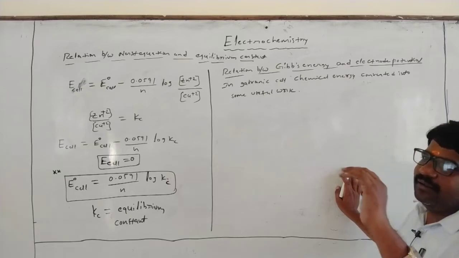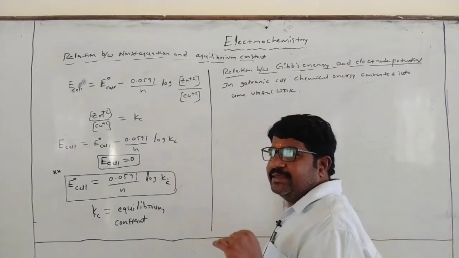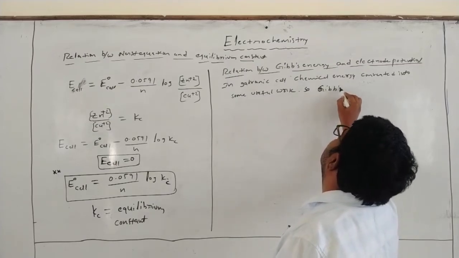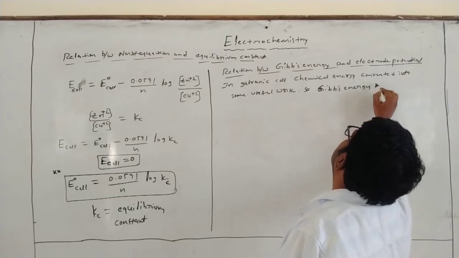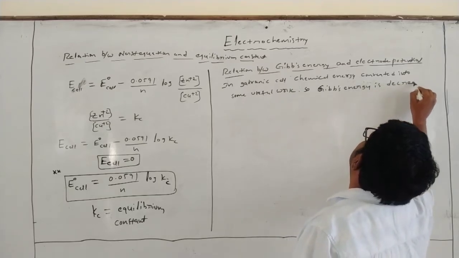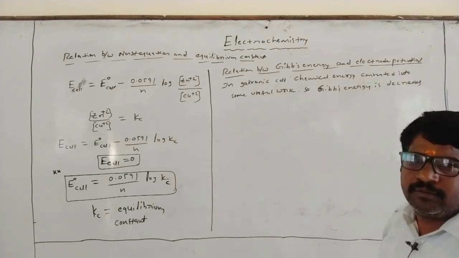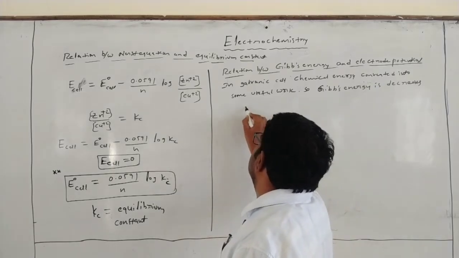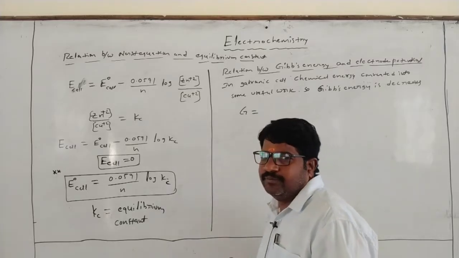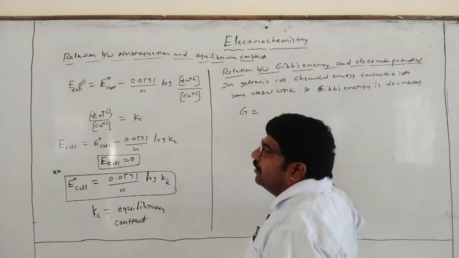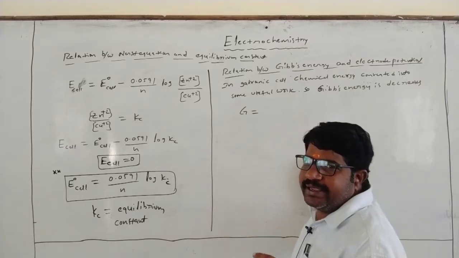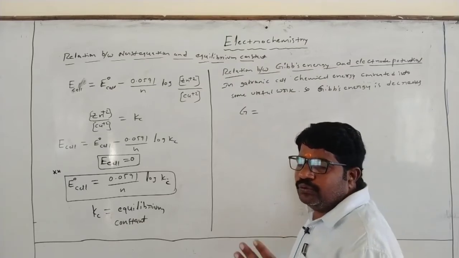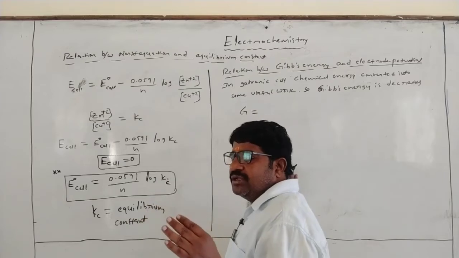That is why the Gibbs energy decreases. Gibbs energy is denoted with G, and it is equal to the electrode potential into the number of moles of charge passed.